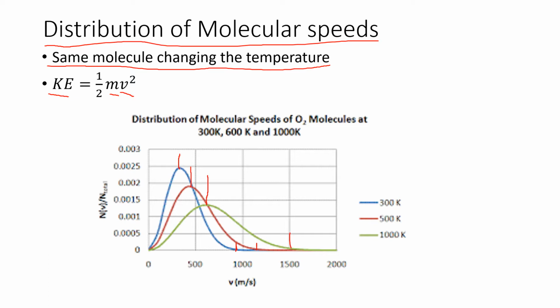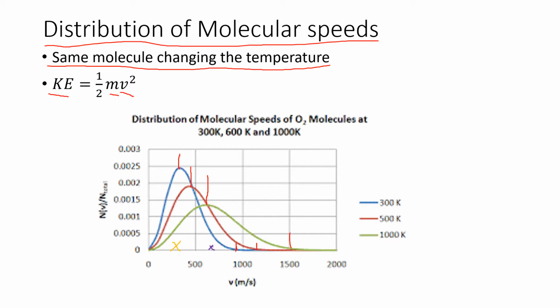But remember, we're talking about averages here and a distribution. If you look at a random particle at 300 Kelvin and a random particle at 1000, because there's such a wide range of speeds, there's still a chance that a random particle at 300 Kelvin that's moving relatively quickly, which I'll mark with an X, and another random one at 1000, which I'll mark in orange, it's still entirely possible, if you're looking at a single molecule, for the one at the lower temperature to be moving faster.